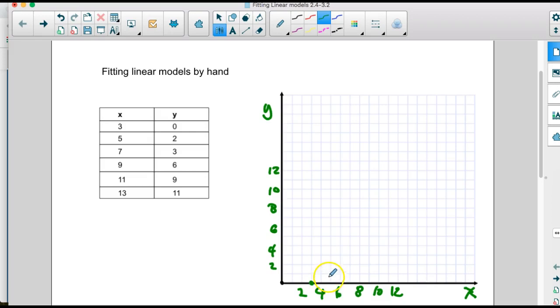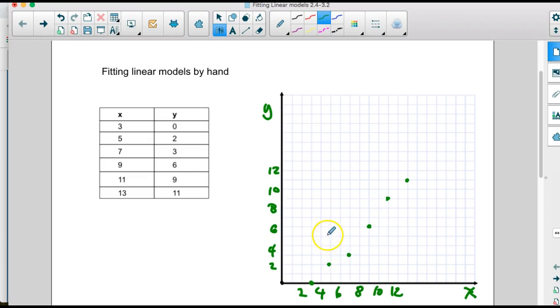Then 5, 2, 7, 3, 9, 6, 11, 9 is right here, and 13, 11 is right here. So this does look like it has a linear path to it.